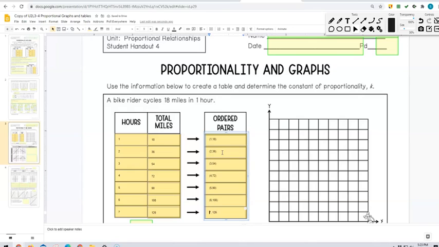So we think of these as ordered pairs, and we want to label our chart here, label our graph space.